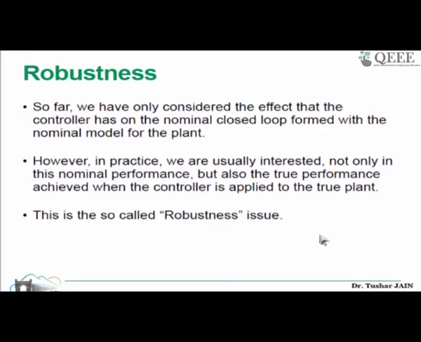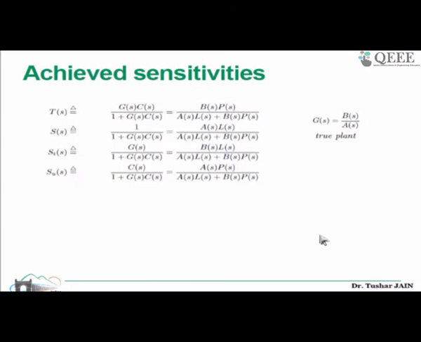If you apply this controller, how robust is it? For that you define the uncertainties within the plant. What type of uncertainties are they? We will see that. First of all, we have seen these sensitivities, the gang of 4. We derived the very first stability condition based on these sensitivities, which consider the nominal model.